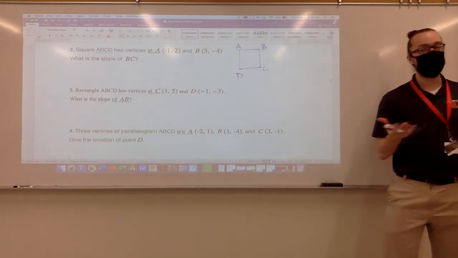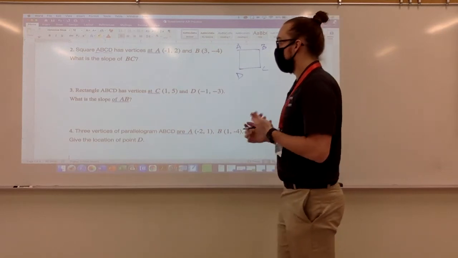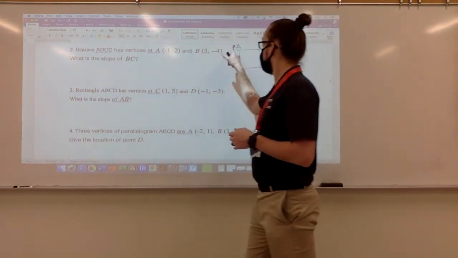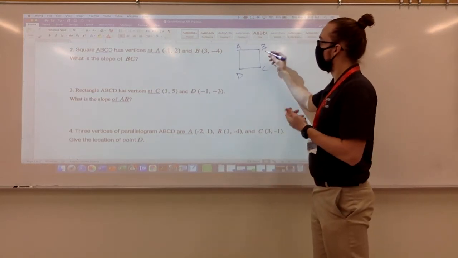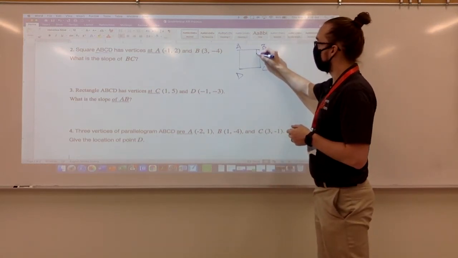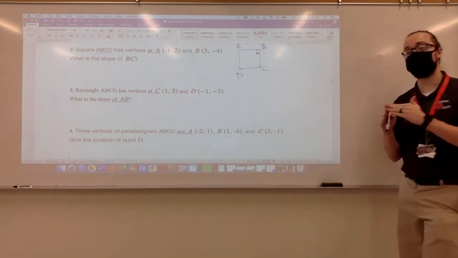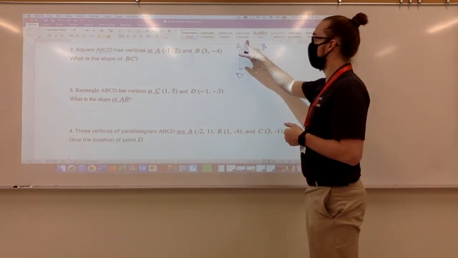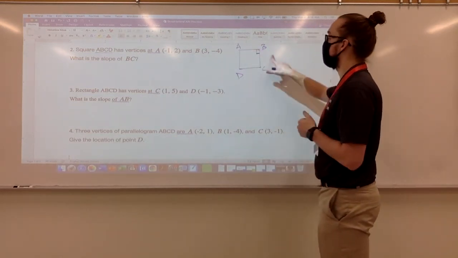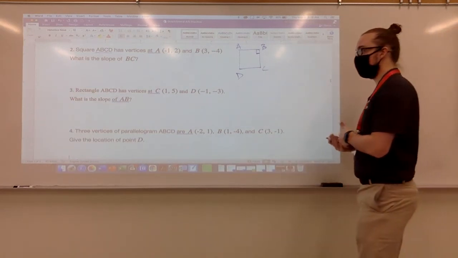This is just how the coordinates would be laid out, A, B, C, D. So we know points A and B. We want to find the slope of BC. Well, what I know in a square is that consecutive sides are perpendicular. They form right angles. So if I find the slope of AB, all I would need to do is take the opposite reciprocal of that to get the slope of BC.